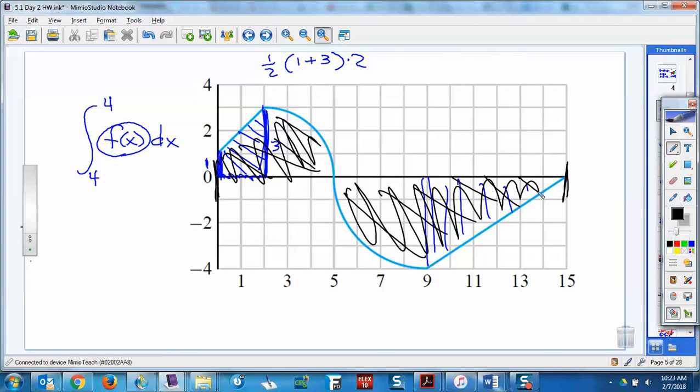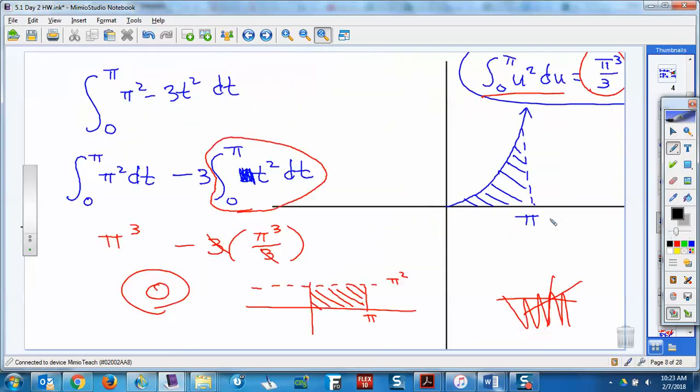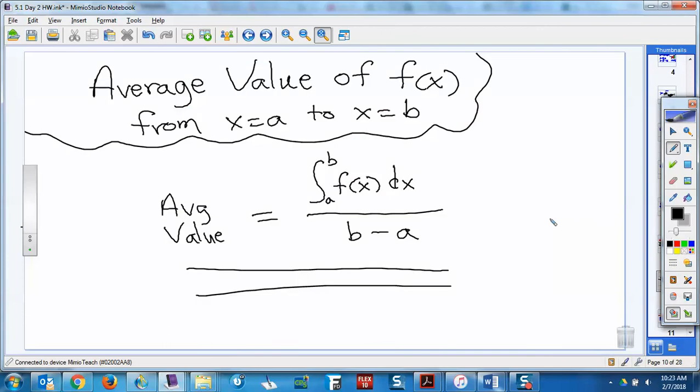If you take negative 13.5 divided by 15, you get about negative 0.9, or negative 0.8. Does it seem reasonable that negative 0.8 or negative 0.9 would be the average value? Seems reasonable. You have more negatives than positives, so it seems reasonable that the average value would be down there somewhere. So it'd be that area, and then divide by 15. That's average value. That's all we really have to add today.